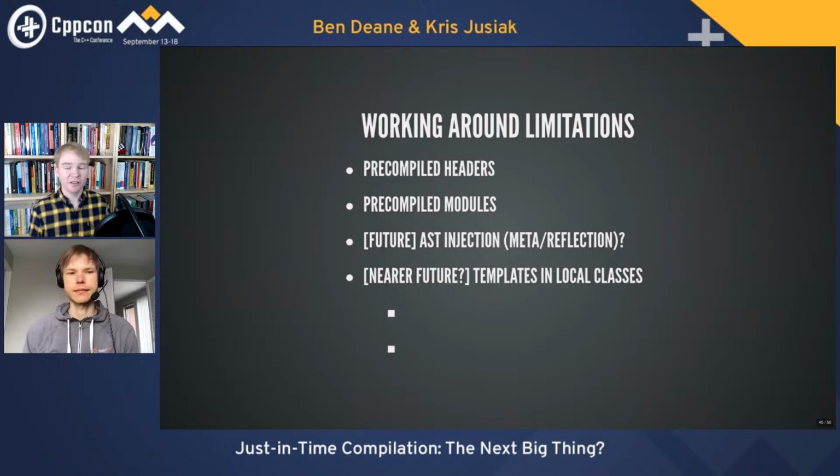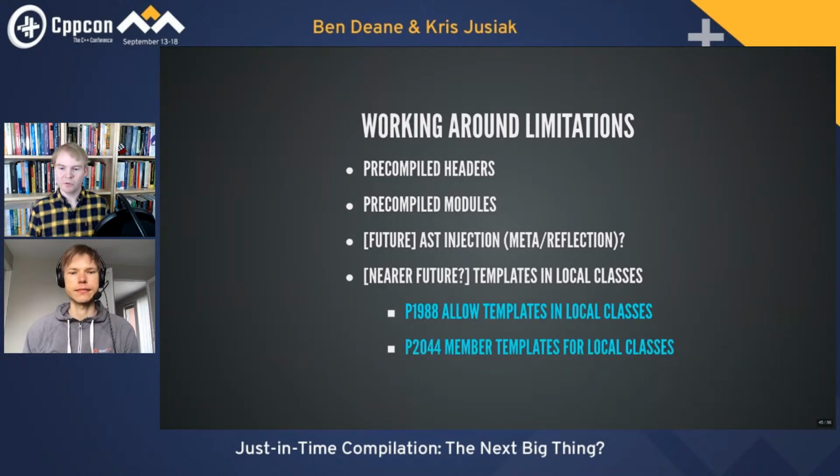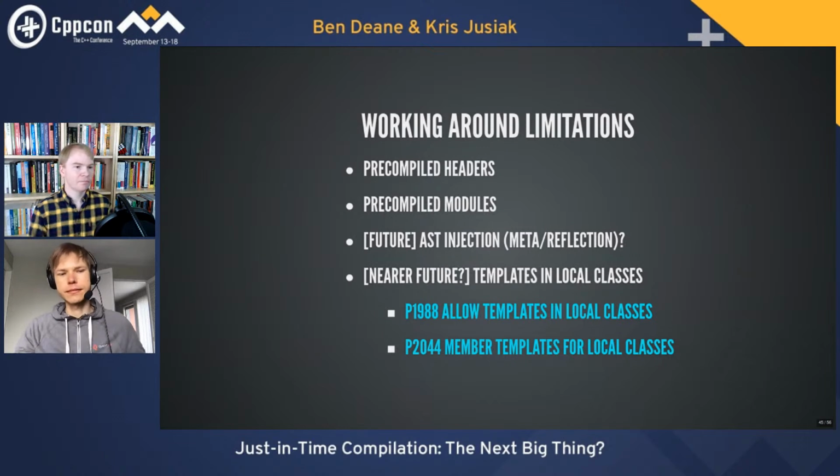In the nearer future, I think we've got a better chance for templates in local classes, especially since we do have them already with generic Lambdas, so there should be relatively little implementation problem with that. In fact, there are 2 papers which I believe have been seen by the standards body and now perhaps have been merged into one that both propose this idea, allowing templates in local classes.